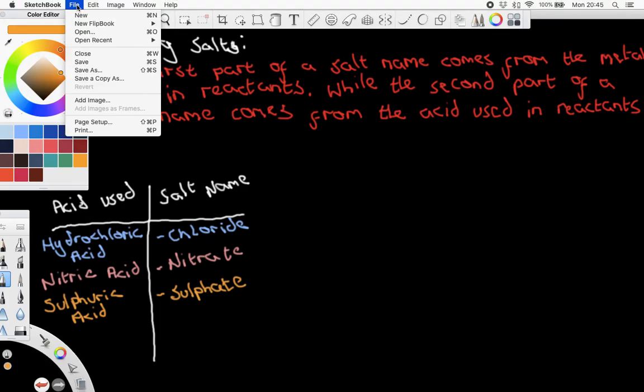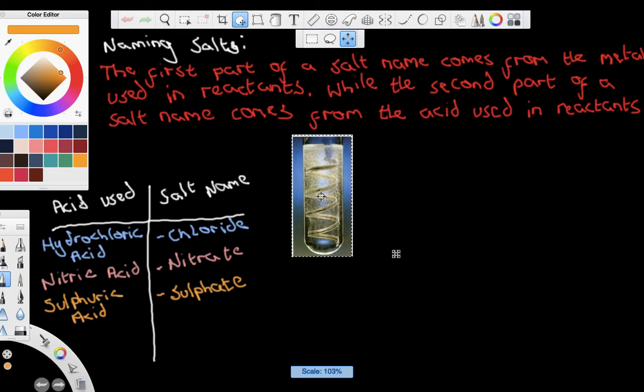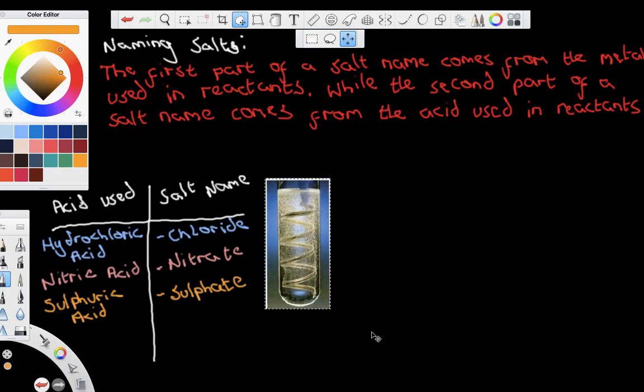Okay, what I'm going to do is add this image back in because it's one that we've used. I'm not going to have it as big as it was before. We said earlier that when magnesium reacts with hydrochloric acid, bubbles are produced, and we spoke about the general word equation of when a metal reacts with an acid.